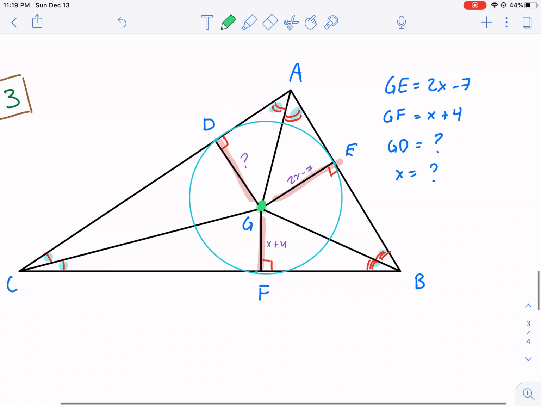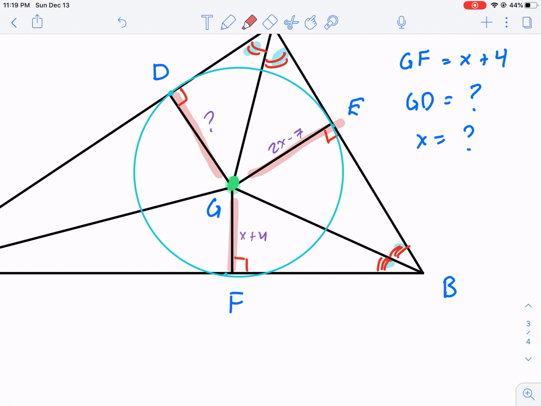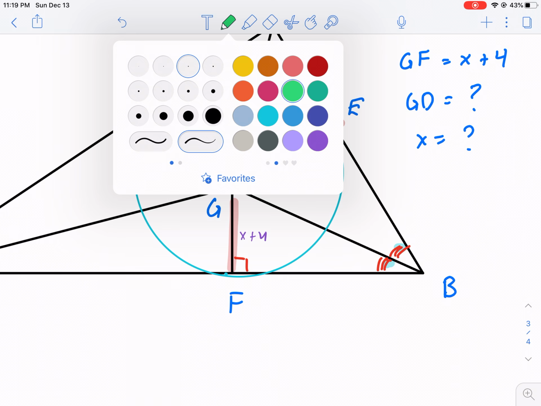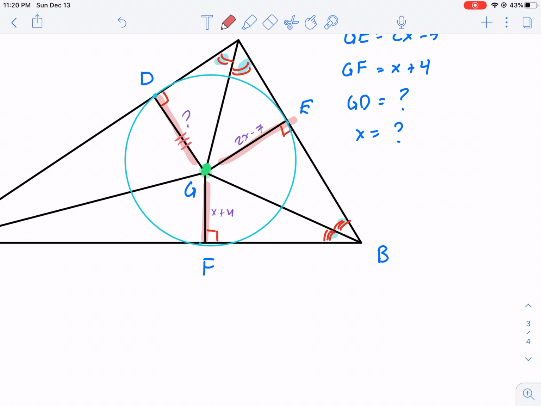Now, what does that make these 3 lines that we highlighted? Which I probably should have chosen a different color, but this pink will do. That makes those all radii, radiuses, however you want to say it. It makes them all the same. So these distances are all the same.